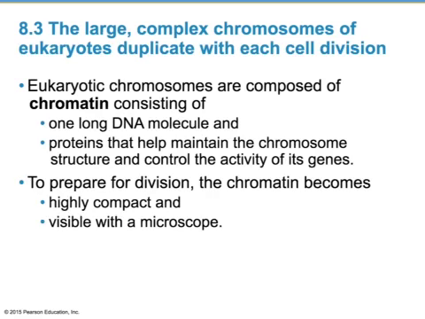When we talk about chromosomes, we'll see pictures here in a second, but chromatin is what I often say is thin. So it's the DNA in the thin version. It consists of some proteins that help with the structure, control, and activity of its genes. But when you start to divide, that's like moving time, so you need to pack things.